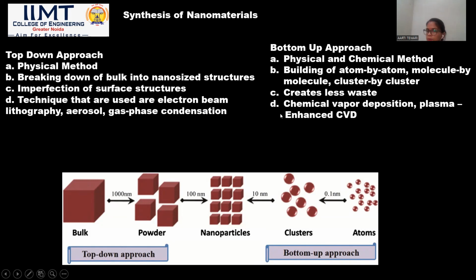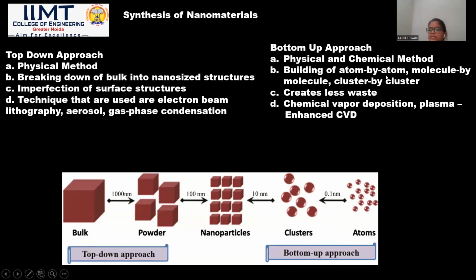Then we have the bottom-up approach, which means starting from the bottom and going up. You take atoms, condense and fuse them into clusters, then particles. That is how you synthesize nanomaterials. It is both a physical and a chemical method.